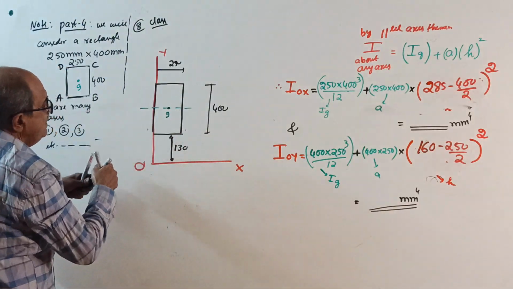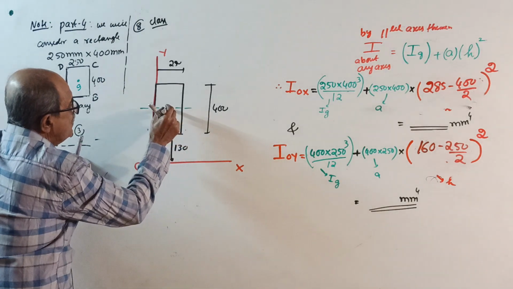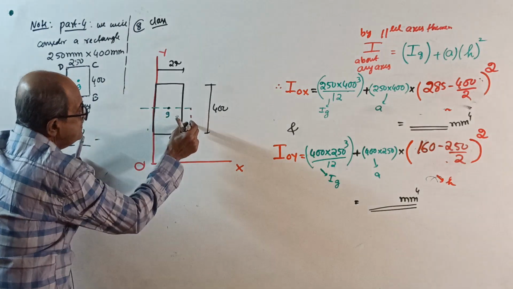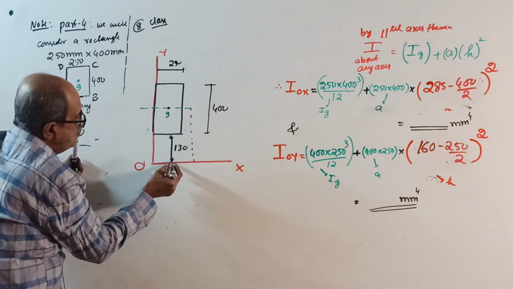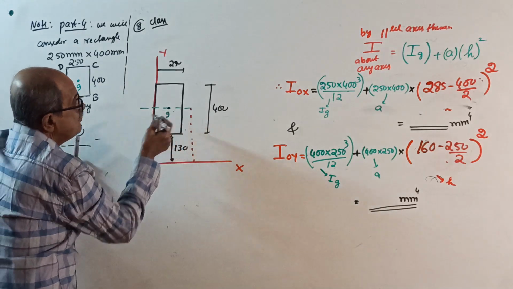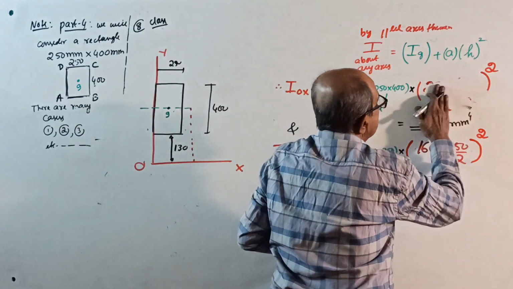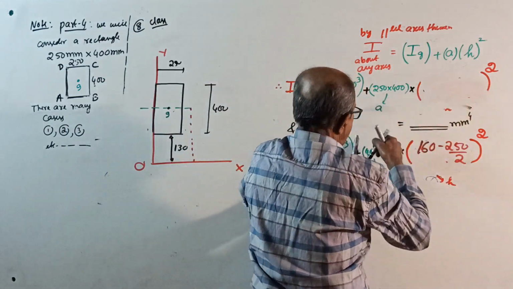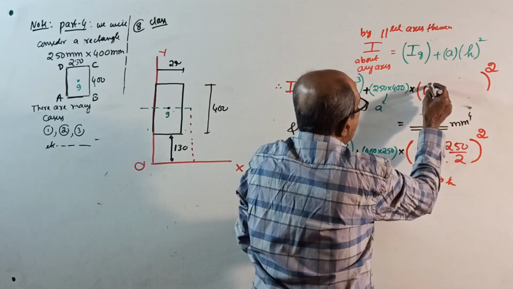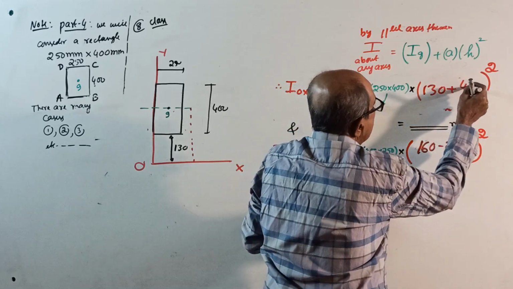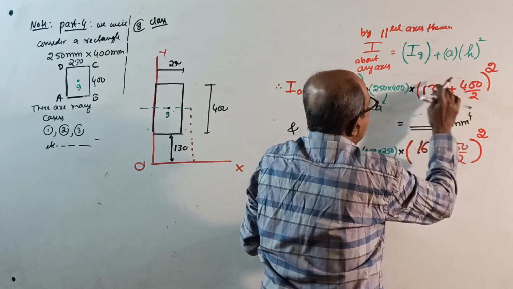See, now it is from centroid to OX, this distance square. That is 130 plus half of 400, (130 plus 400 by 2) whole square.